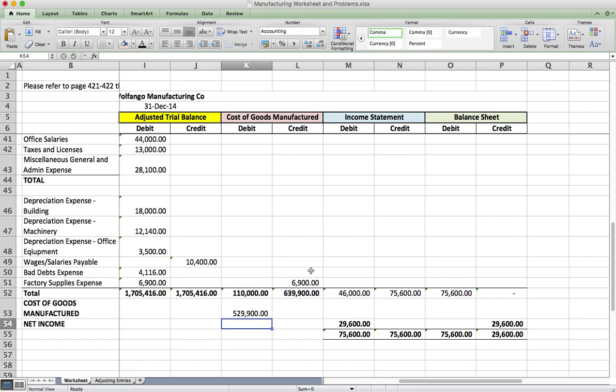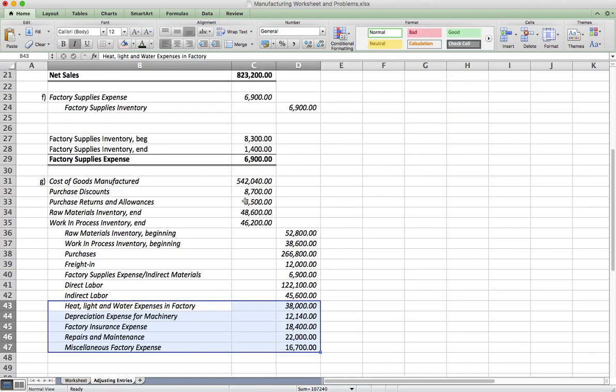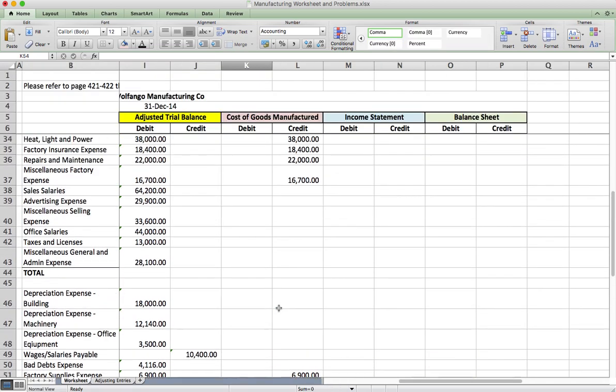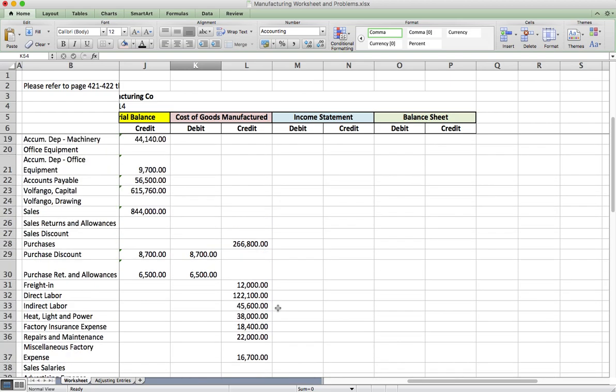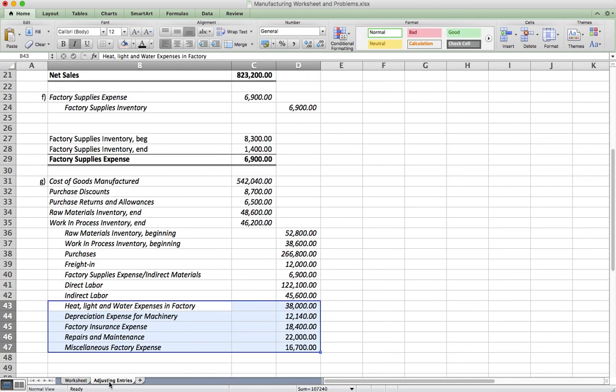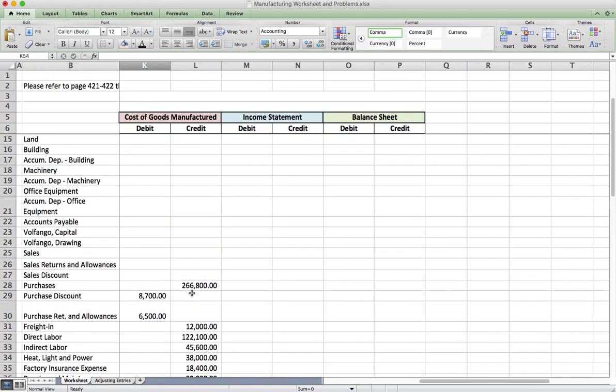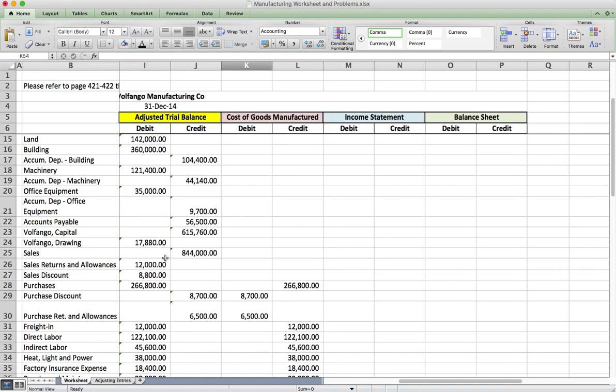Bakit hindi balance? 529,900. Ito, 542,040. Tignan nga natin. Purchase discounts, 870. 65, 48,600. Ano yung mga debit side ni? Kakaduling naman.